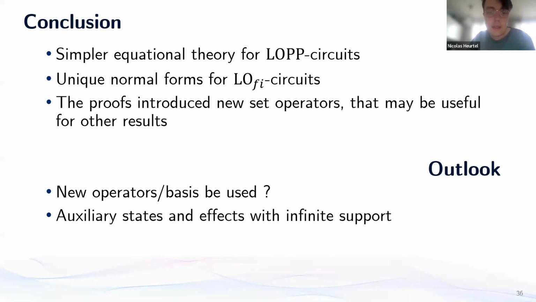Another thing is to look at maybe states and effects with infinite support. The reason why we didn't do it in this work was just technical: the proof didn't apply, but it doesn't mean that there is no unique circuit, or maybe there is.